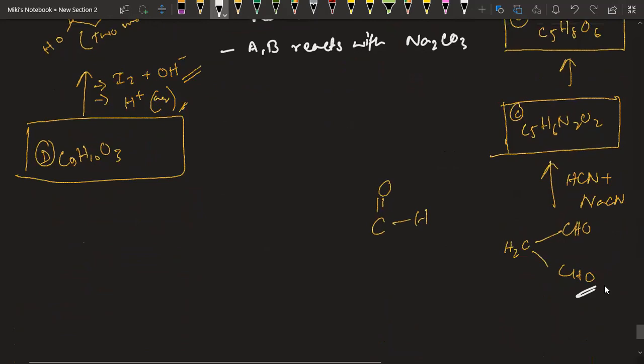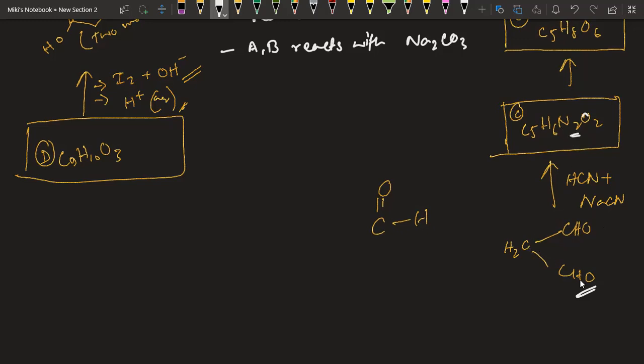From here, they're saying when we react ACN plus NaCN, we get this one. Now we know what type of reaction this is. This is a sort of displacement reaction happening because the cyanide ion is being included. Here we have 2 moles of oxygen and new 2 moles of nitrogen.